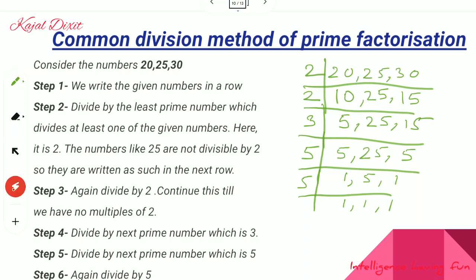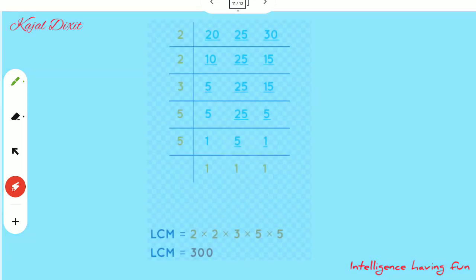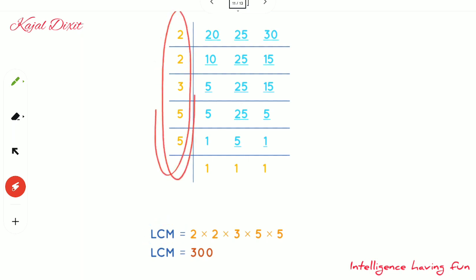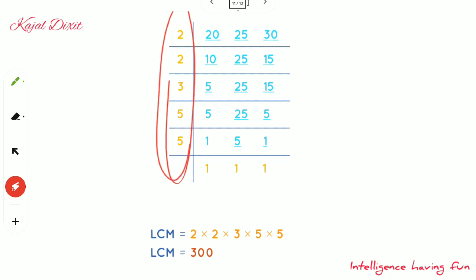So what are the prime factors obtained in this case? We got the numbers 2, 2, 3, 5 and 5. So the LCM would be the multiplication of all the prime numbers used for division, that is 2 into 2 into 3 into 5 into 5, and the answer comes out to be 300.